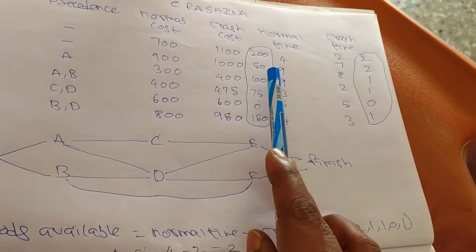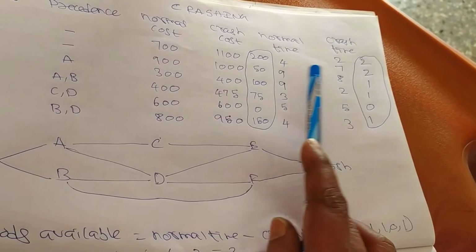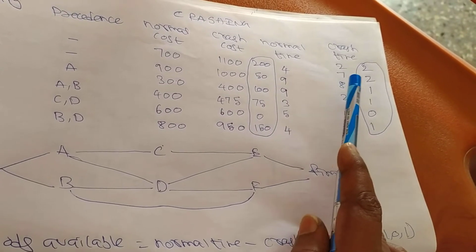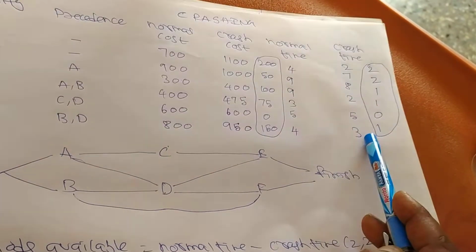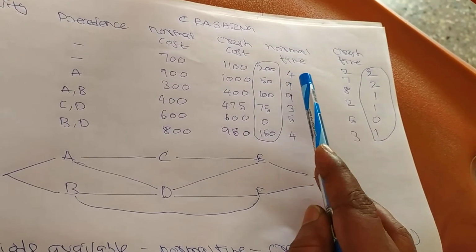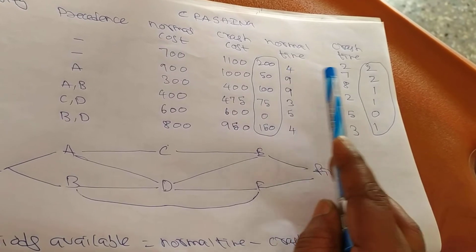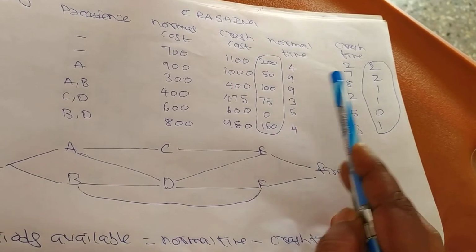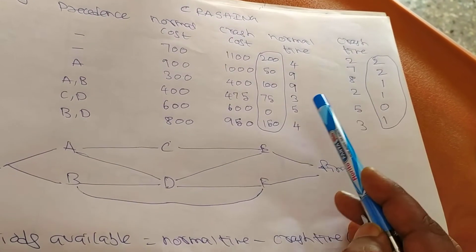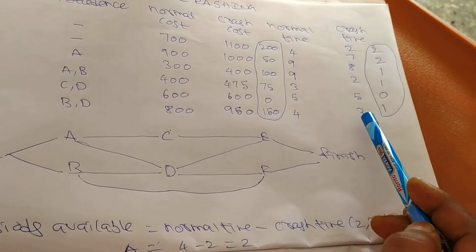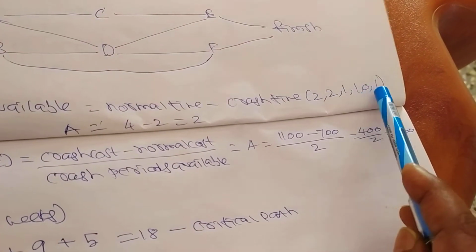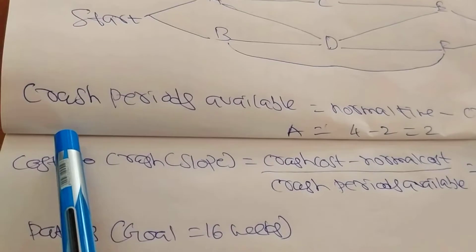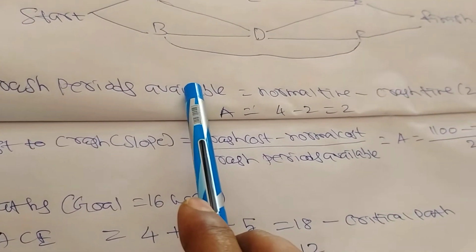So we subtract the crash time from the normal time and get the values 2, 2, 1, 1, 0, 1. Here I write 2, 2, 1, 1, 0, 1. This is the crash periods available.